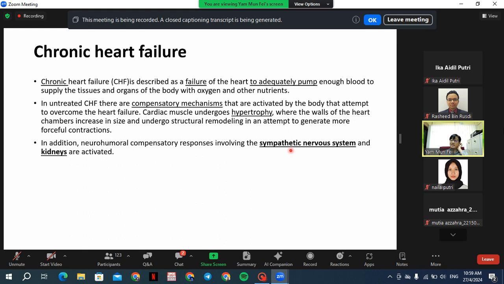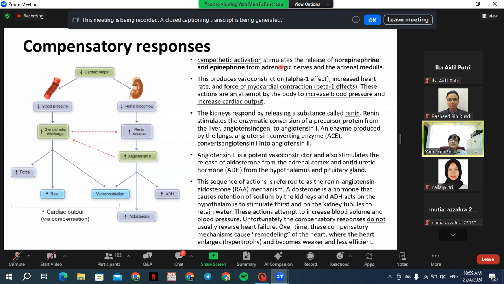Still remember, we discussed the first topic, hypertension. I highlighted that the sympathetic system and kidney contribute more to your cardiovascular system compared to other organs. So what is the compensation? Okay, look at this, the left hand side.